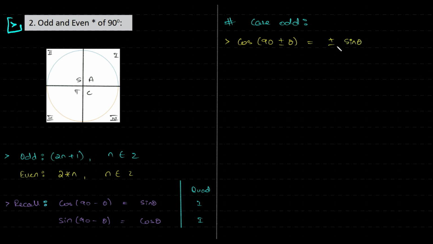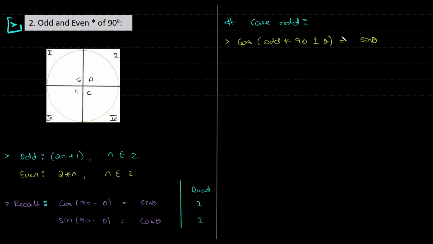So if you go back to the previous set of videos, whenever we saw an odd multiple of 90 plus or minus theta, we saw it turned out that we have to take up the complementary trigonometric ratio of cos.